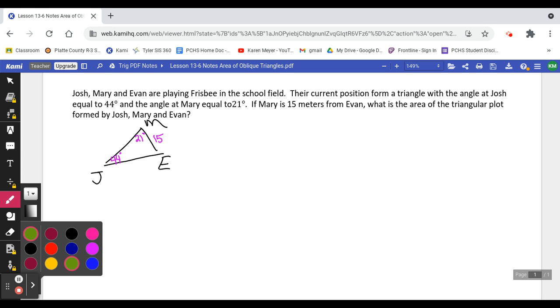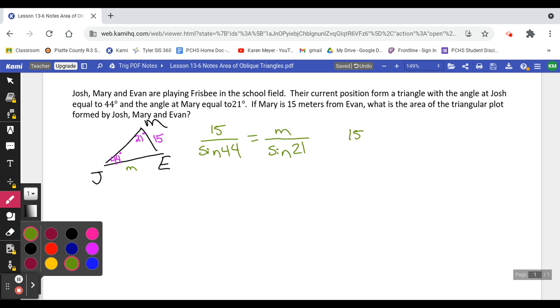All right. So the one I know both the little and the big, that's going to be 15 over sine of 44, equals, and then I know Mary's angle, so I don't know little m. So I'm going to have little m over sine of Mary's angle, which is 21. I'm going to cross multiply and divide.